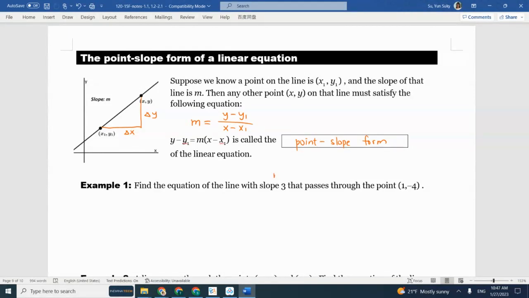Okay, so here, slope is 3, and we have the point (1, -4). So y minus the y coordinate of the point, which is -4, equals slope. What is slope?